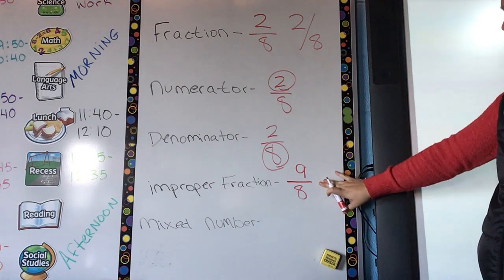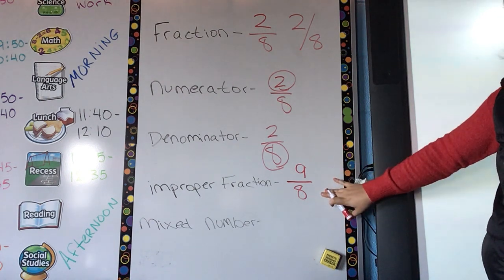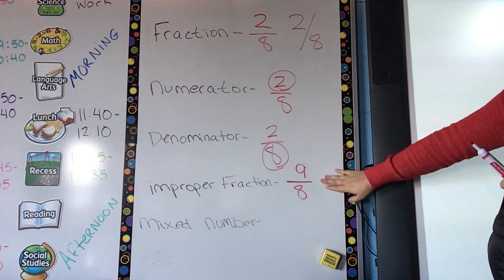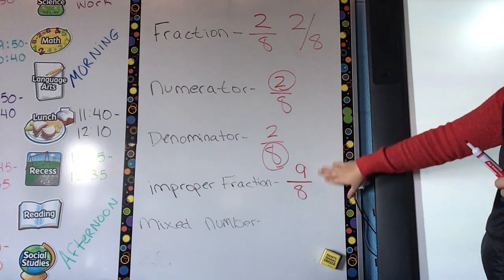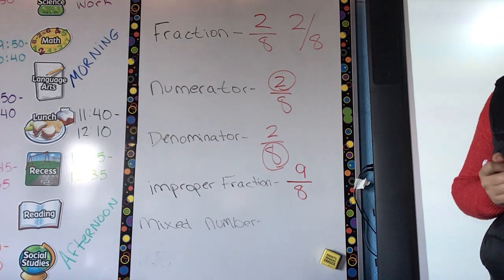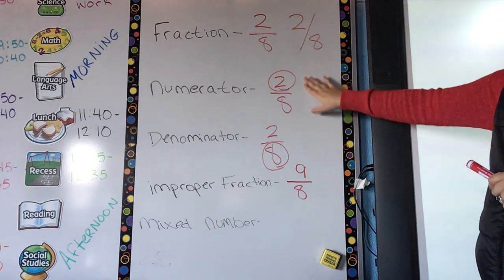So an improper fraction would mean that my numerator on this one, they made it larger than my denominator, okay? We don't like seeing improper fractions. Normally we would change them, and we'll learn how to change them later, but we're going to change them to proper fractions, where, like this one, is a proper fraction, 2/8.